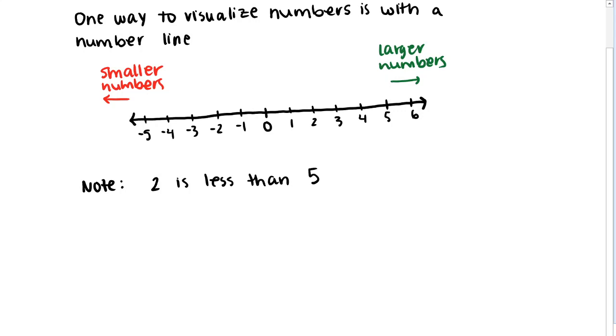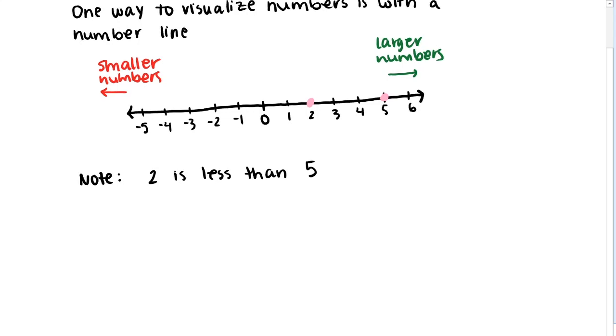I just like to use this as an example to get used to the number line and notice that the fact that 2 is less than 5 can be seen on this number line as the fact that 2 is further to the left than 5. Smaller numbers are on the left, bigger numbers on the right, and so if 2 is on the left of 5, we can see that 2 is smaller than 5.